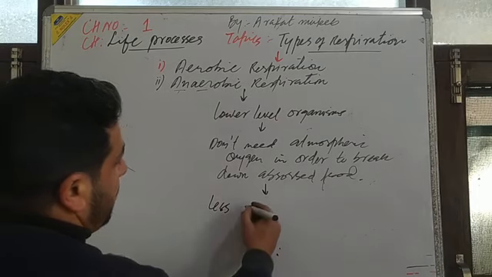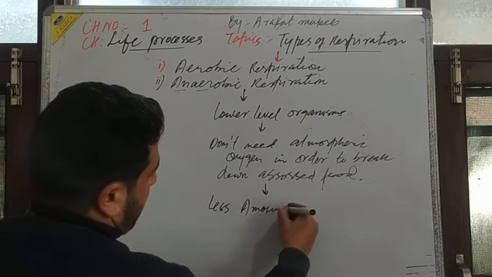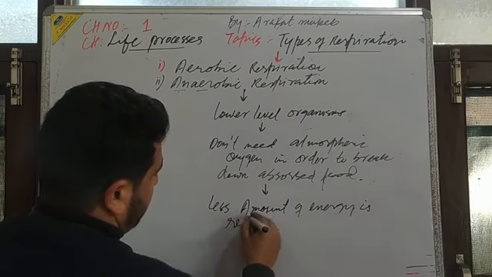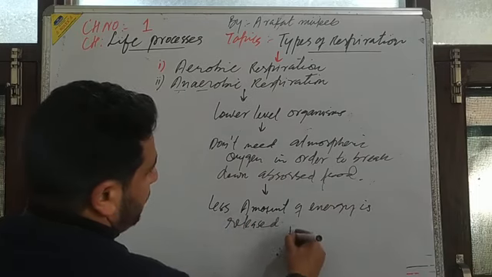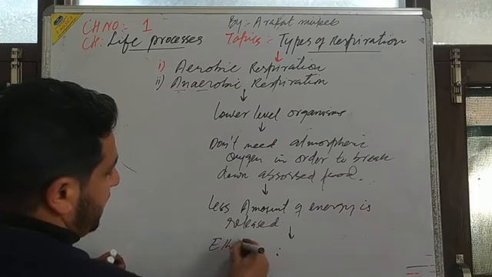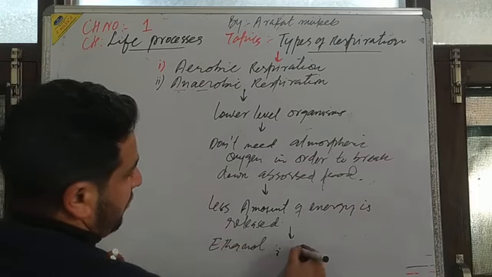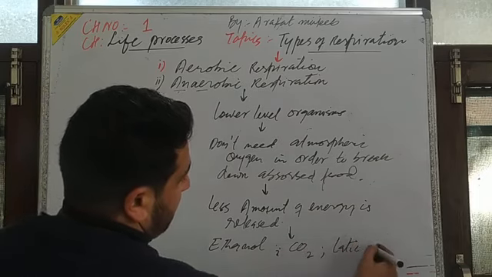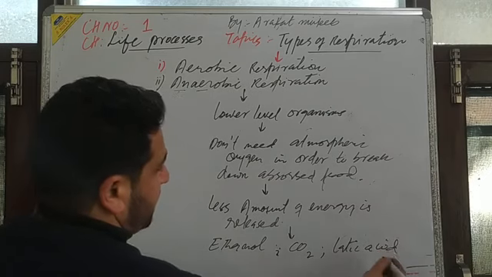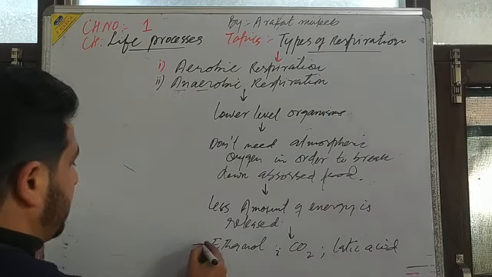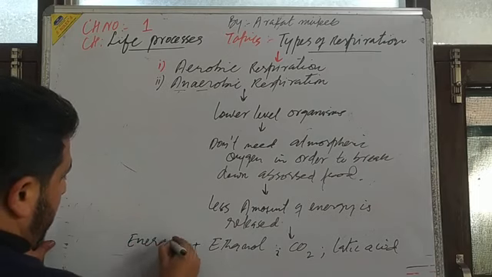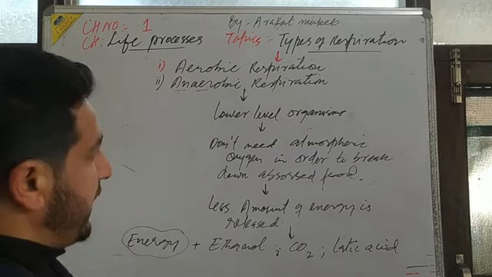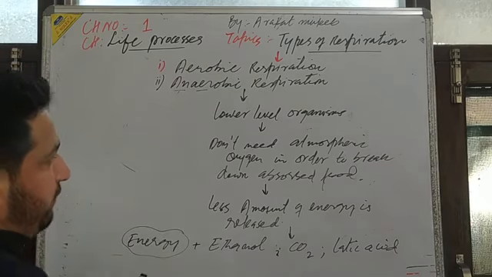Here less amount of energy is released. जो इसमें प्रोडक्ट्स बनते हैं वो बनते हैं इथेनॉल, इथाइल अल्कोहल, या कार्बन डाइऑक्साइड गैस, या लैक्टिक एसिड. और साथ एनर्जी भी हासिल होती है मगर बहुत ही कम. Little amount of energy is released in the anaerobic type of respiration.